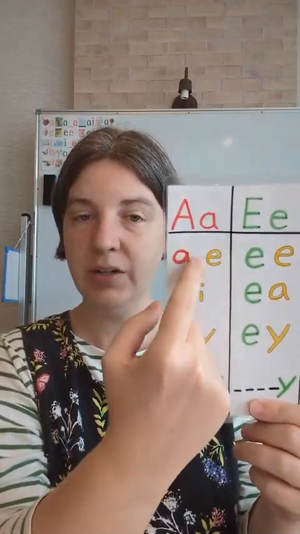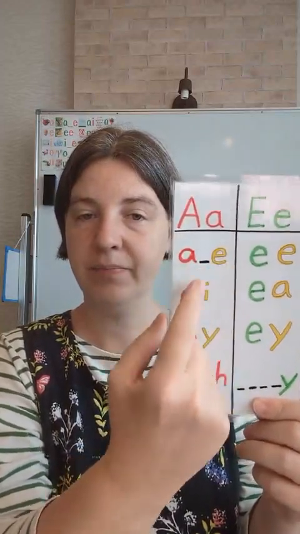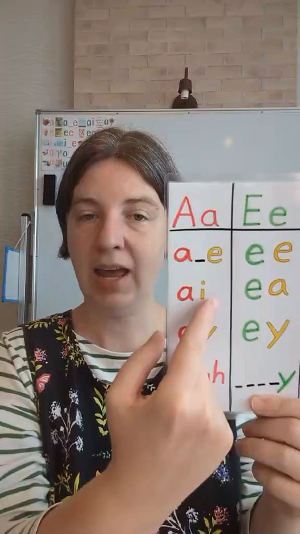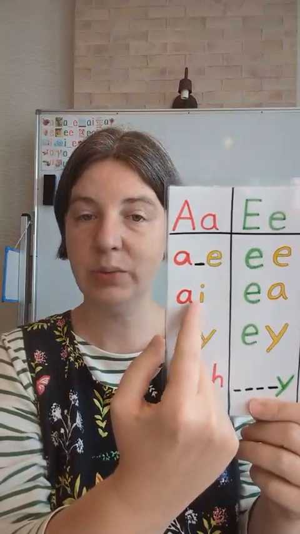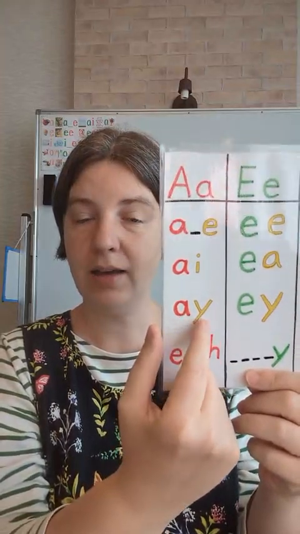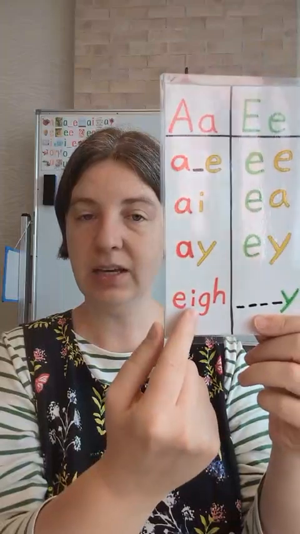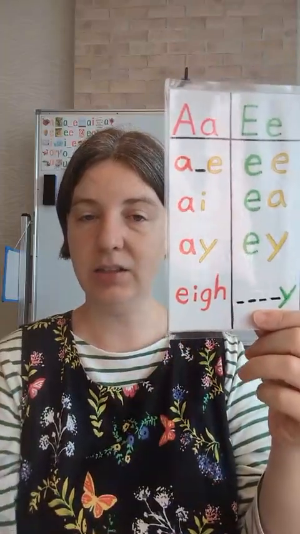You can put any letter here, but there's only one letter between the A and the E. When an A and an I are next to each other, an A or a Y are next to each other, and also E, I, G, H.